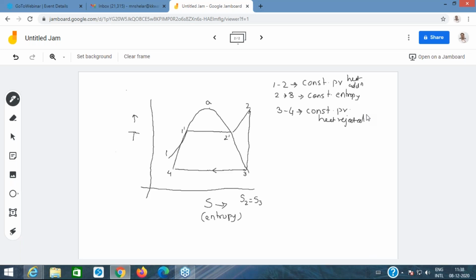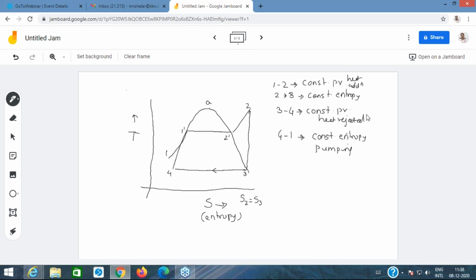And finally, the next process is again at constant entropy, isentropic compression, wherein the pump pumps the water from which pressure to which pressure?